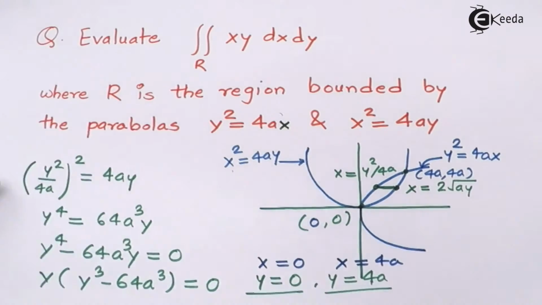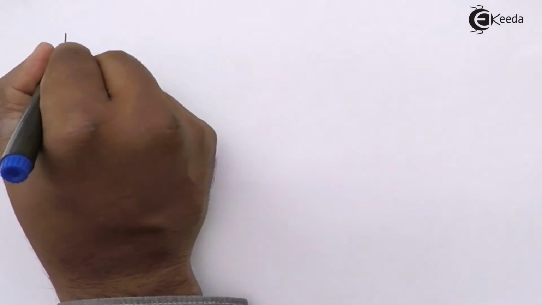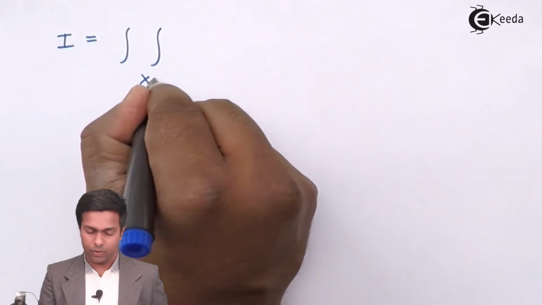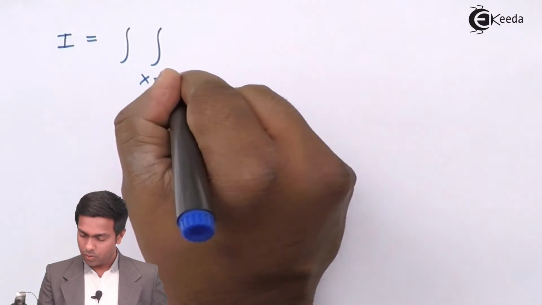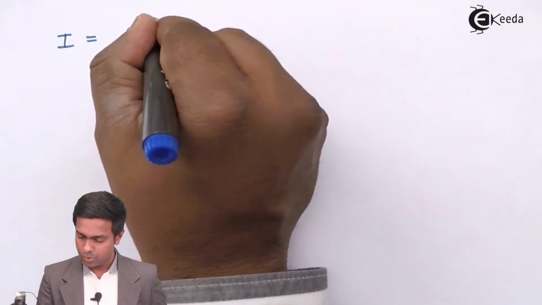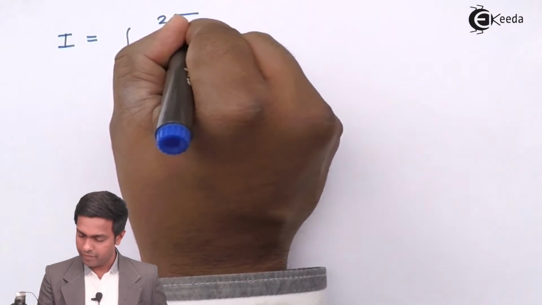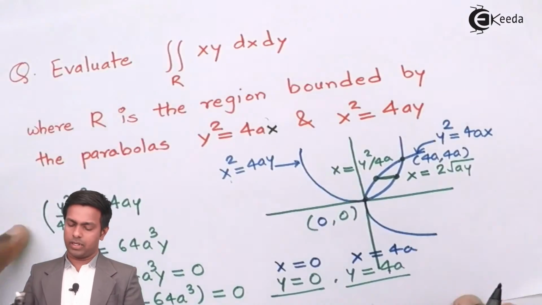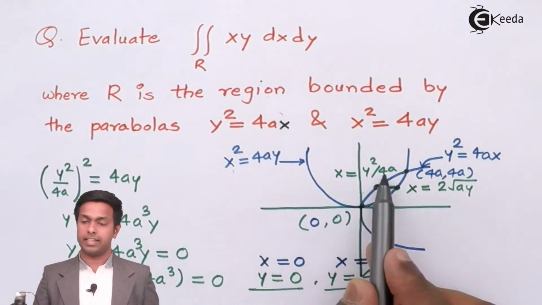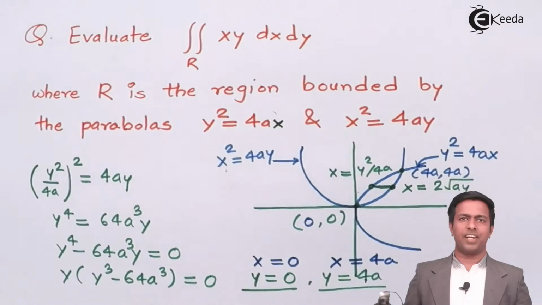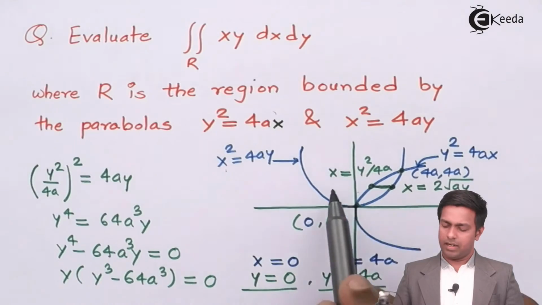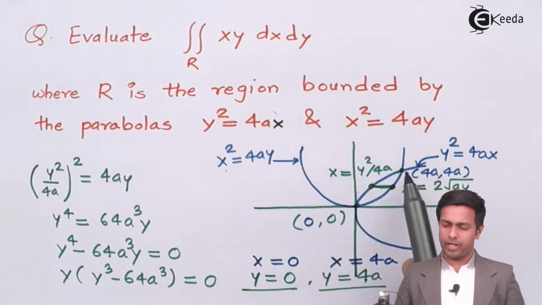So how will I write? Here I'll say I is equal to double integral, x is equal to y square by 4a to 2 root of ay. So what I did is I took this as the lower limit and this one as the upper limit. Now as we have taken the x coordinate, now we'll take the y coordinate here.